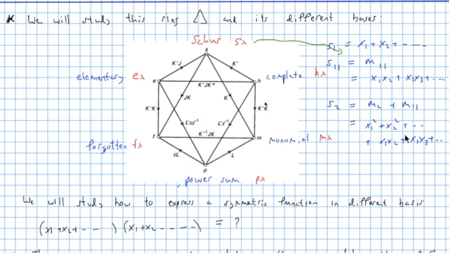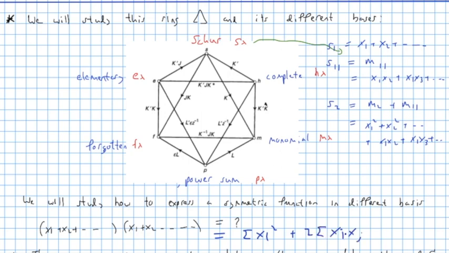So if you believe me for now that these are the same, and I want to write x1 plus x2 dot dot dot, squared, in terms of these two functions s11 and s2, well, just squaring, and not doing what we call the freshman's dream, this is the sum of the xi squares plus twice the mixed sums.